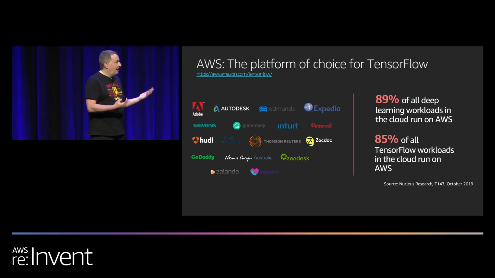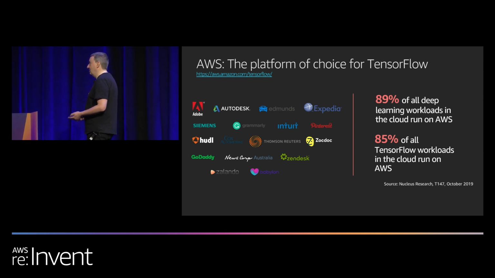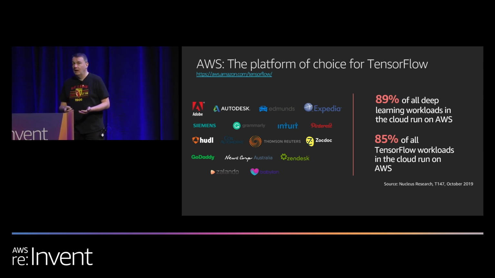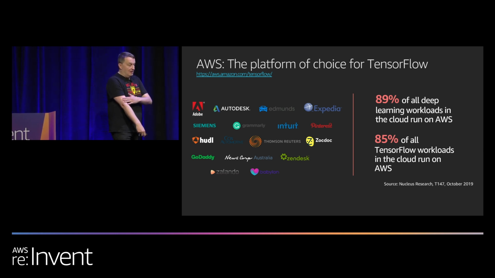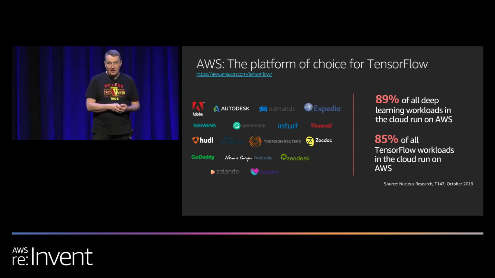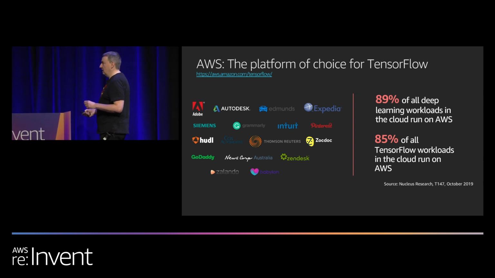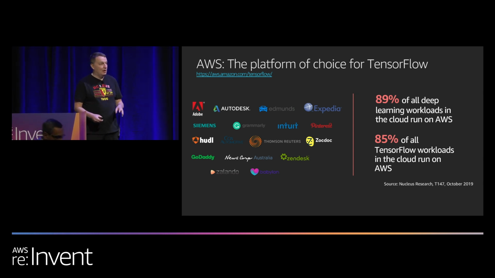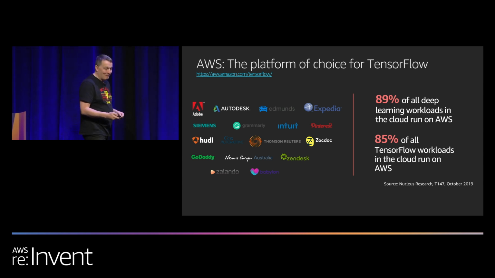And well, 85% of all TensorFlow workloads in the cloud run on AWS. Okay, which I think gives us a responsibility to make sure TensorFlow runs very well on AWS. And actually, one of my colleagues in the room is leading the TensorFlow development team at AWS. So if you have deep technical questions, he'll be happy to answer them.